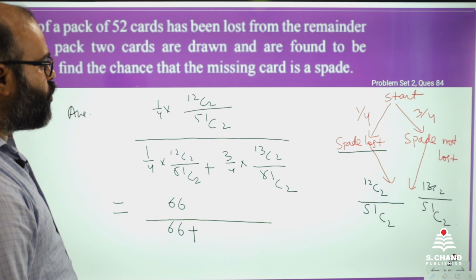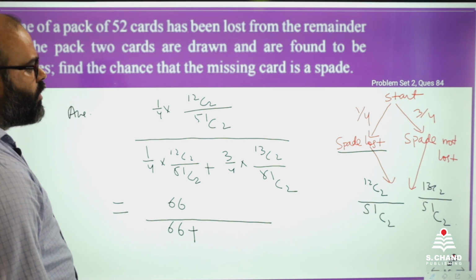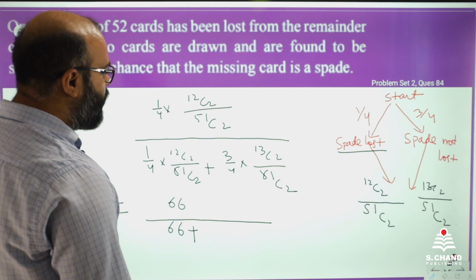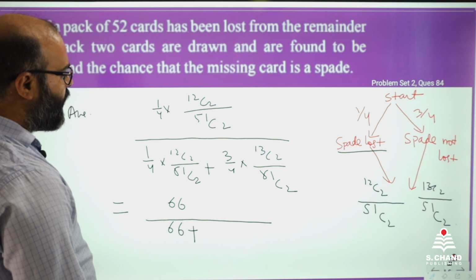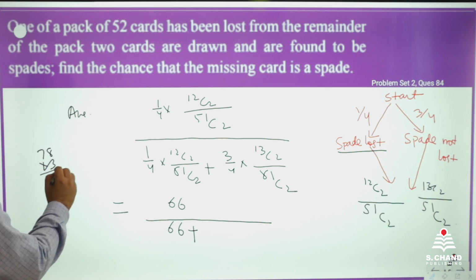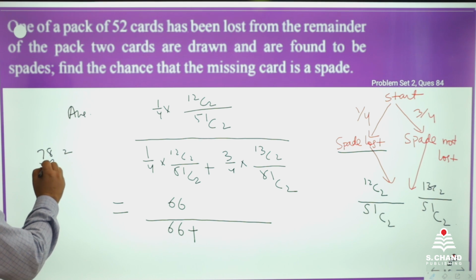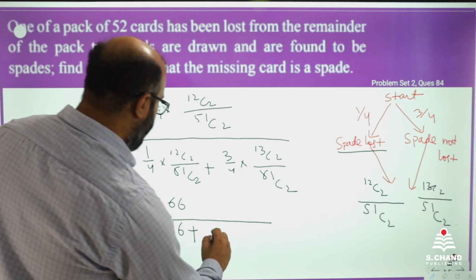And 13C2, 13 into 12 by 2, that is 13 into 6, which is 78. 78 into 3: 8, 3 are 24, 2 carry, 7, 7, 3 are 21, 2 are 23, so 234.